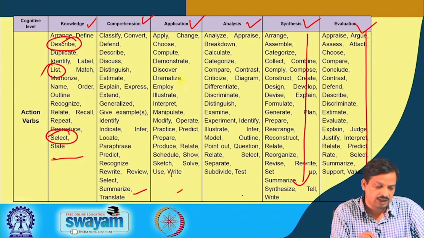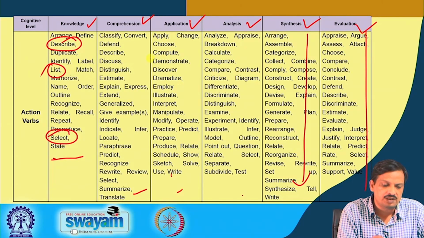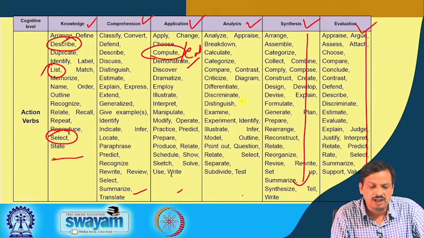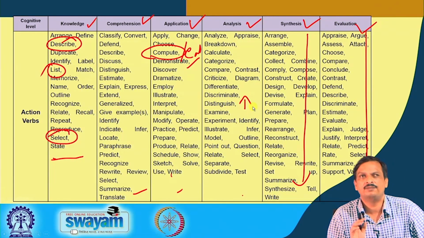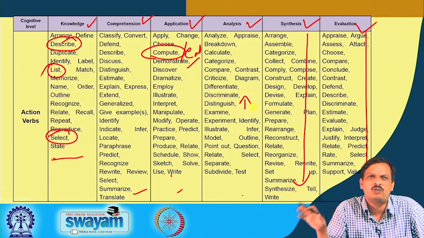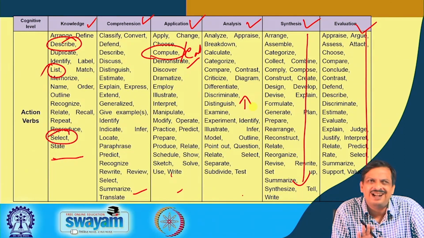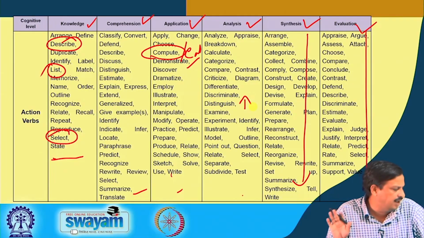So, calculate will be here only. So, calculate is application level and determine will be in analysis level. If you see in the software, which I will demonstrate next week, those are there. So, calculate is in application level, determine is in analysis level.